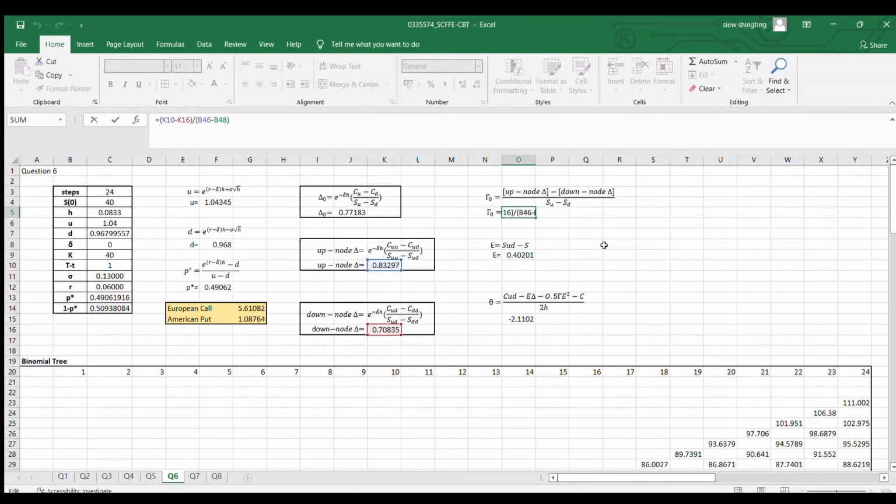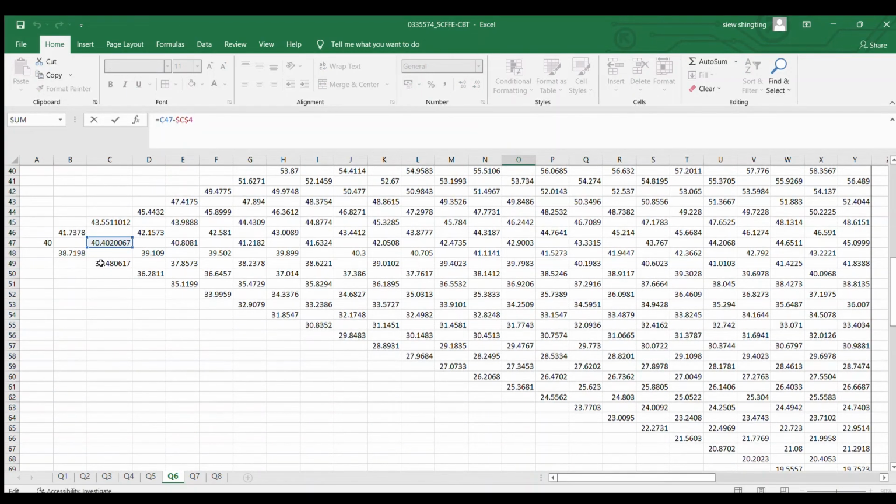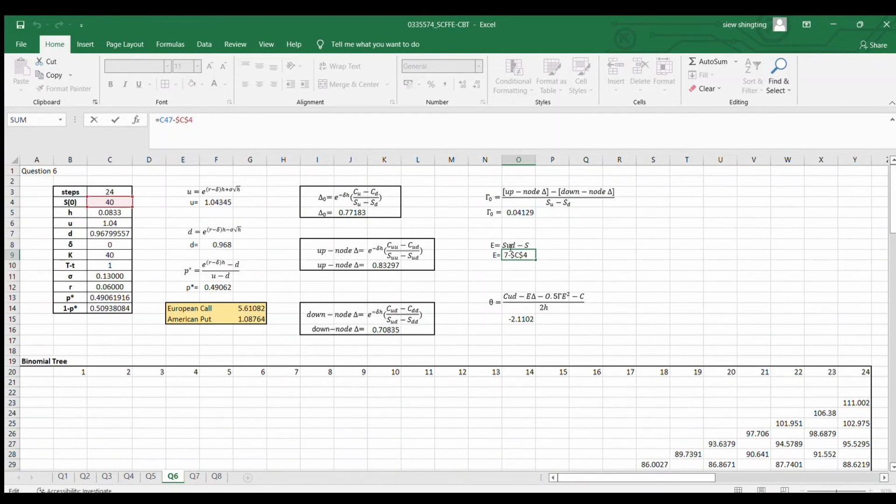So we get the gamma 0 is 0.04. So to calculate the E, it equals SUD minus S. So for here, we just use the formula, 40.4 minus the stock price, so we can get the E is 0.40201.